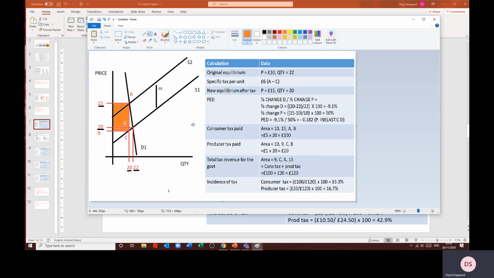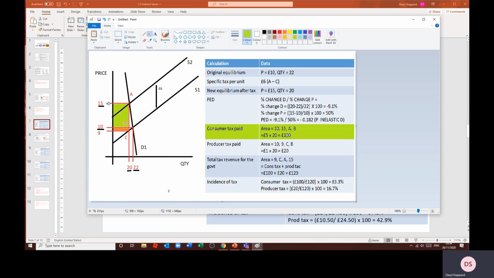Who is it that is paying the tax in this marketplace? Right, so what we can now do, and again I'll use a different colour to illustrate this, I can show you the tax paid by the consumer first of all. Of that total shaded area, the green area now is showing us the consumer tax paid. Now look what the consumer is paying.